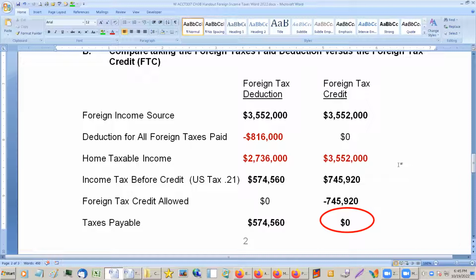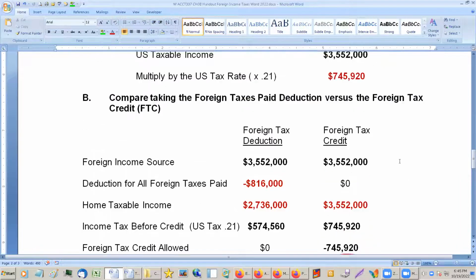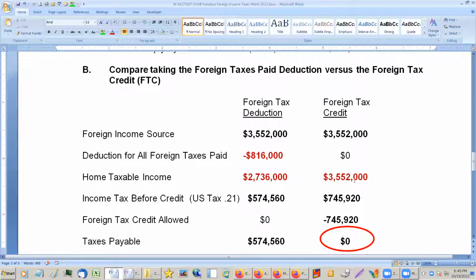Any questions on that? And again, just in general, tax credits are way better than deductions. Not all the time, but a vast majority of the time you're going to find that.